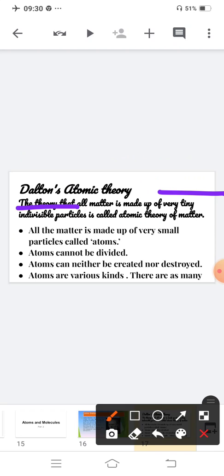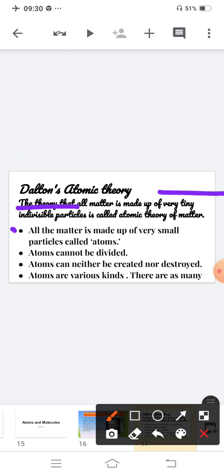These are the postulates of Dalton's atomic theory. If a question comes like this, write the postulates of Dalton's atomic theory, you have to write these points in your answer book. Our first point is that all matter is made up of very small particles called atoms.